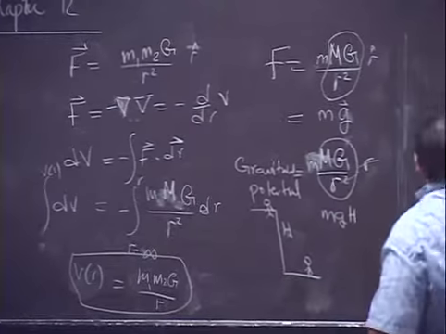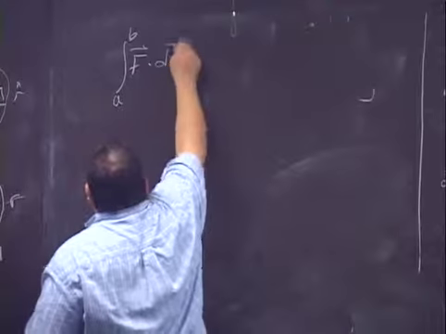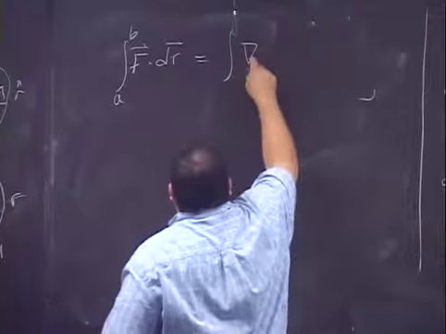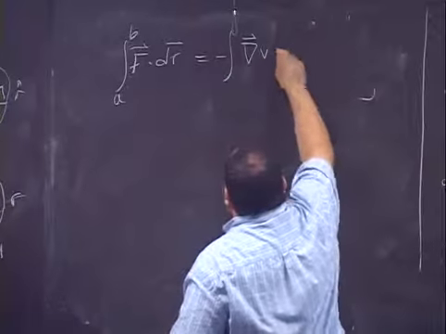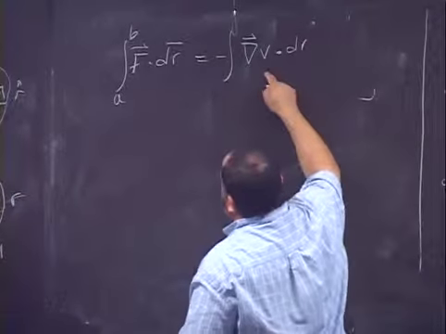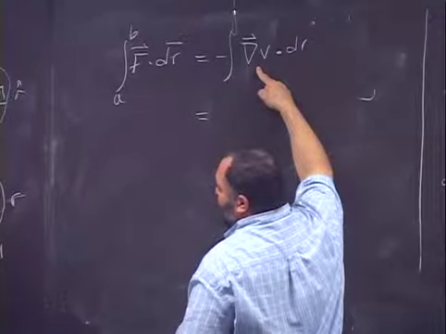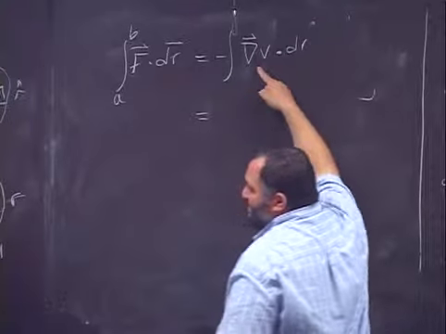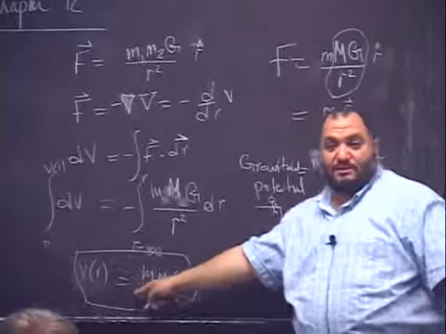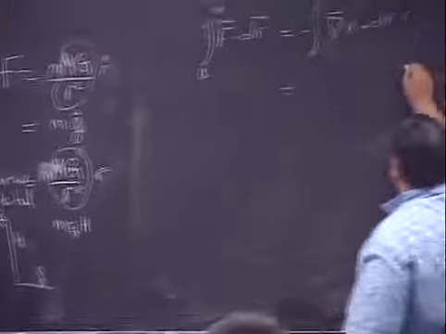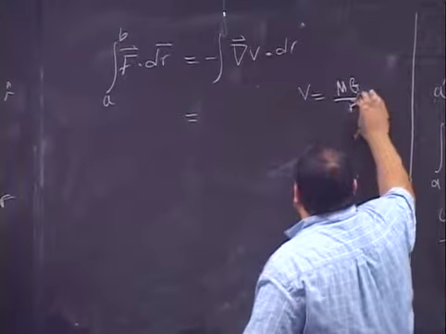So if you just get from A to B for the force dot dr, the gravitational force can be represented as negative grad V dotted with dr. And if you do this, this grad V is what? Yes? So V is just equal to what? mg divided by r. Yes, guys?